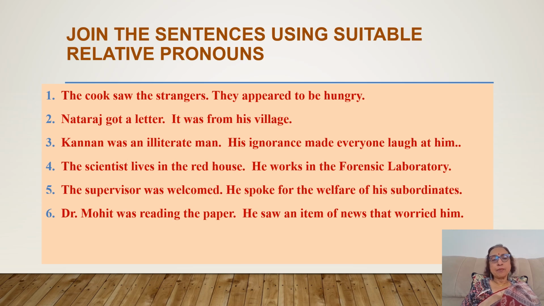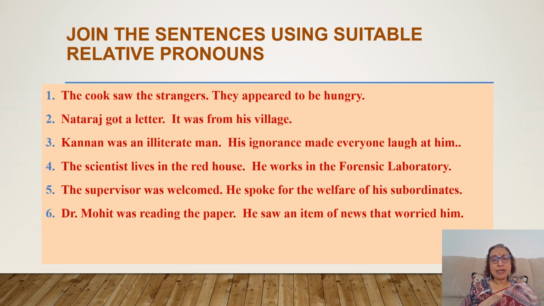So we have man and his ignorance, his possessive. The scientist lives in the red house. He works in the forensic laboratory. So scientist and he, that is repeated. The supervisor was welcomed. He spoke for the welfare of his subordinates.